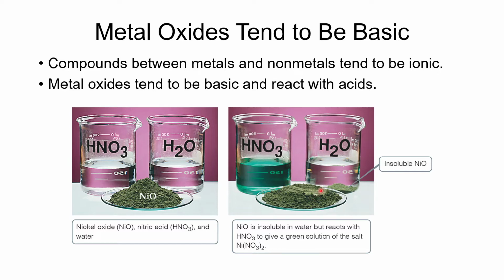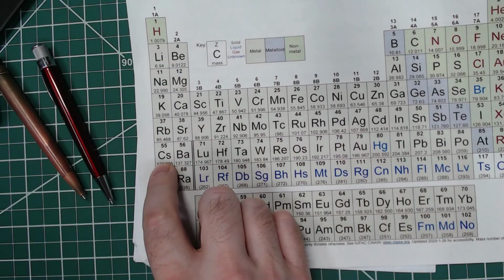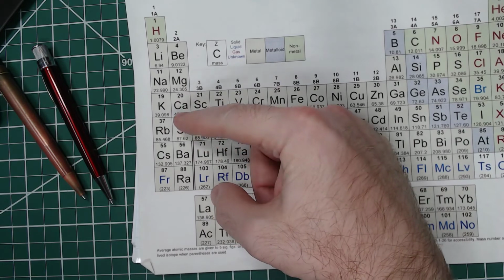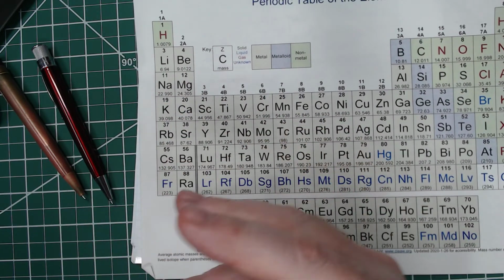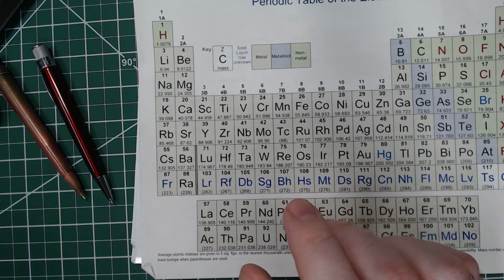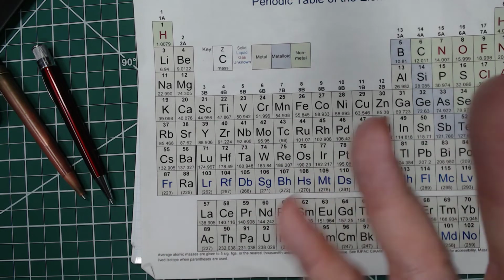This is true for the vast majority of oxides. The only exception on these metal oxides are your group 1 oxides and the bottom of group 2, calcium, strontium, and barium. Those oxides, when you put them into water, will form the metal hydroxides, and those are strong bases, so those will dissolve.